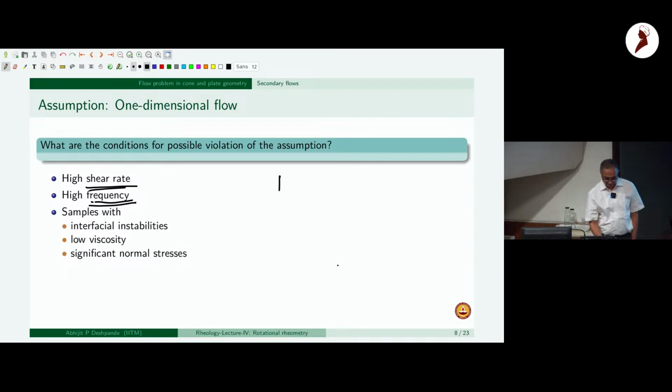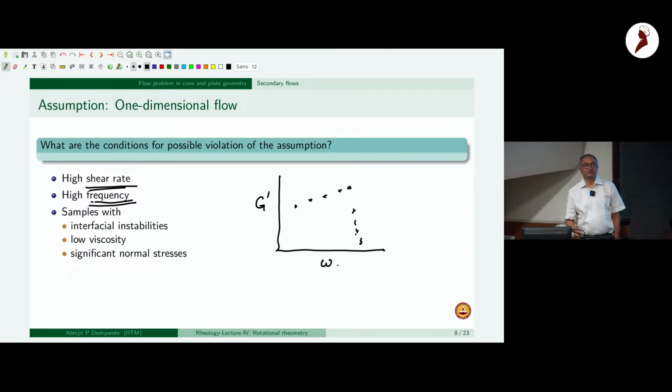In fact, there are various times we will define this storage modulus as a function of frequency. You might have some behavior and then suddenly there will be a catastrophic decrease in the measurement. And of course, many times we would like to interpret this as a material microstructure phenomenon, but we can do analysis and show that this is actually due to those inertial effects. That's something I have not included in today's lecture, but if there is interest, maybe tomorrow I can discuss that.